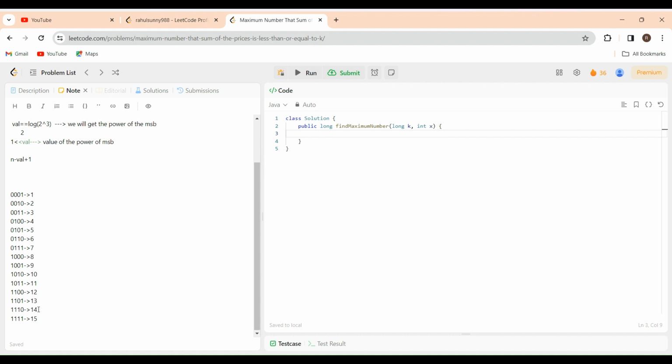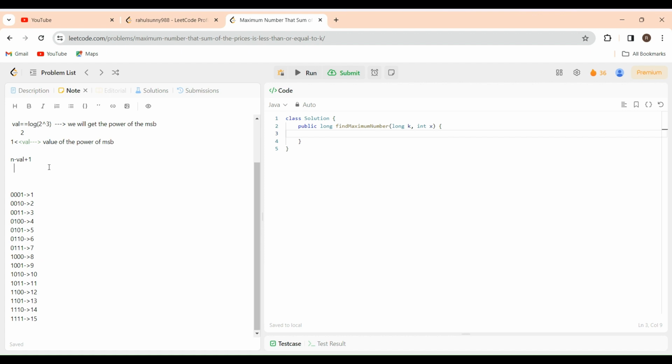So from 14 to 6, right? 14 minus 8 is 6, right? Up to 6 we need to consider the count, okay? So how many things do we have? 1 2 3 4 5 6 7.